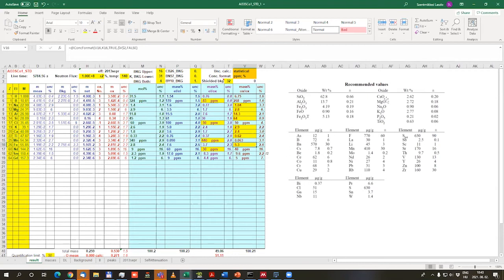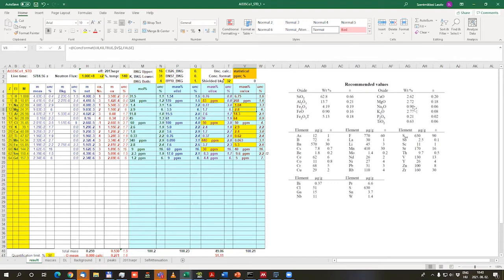Calcium oxide, it's 2.6, and here we have 2.4, but it has rather high uncertainty, so we are still within the uncertainty margin. We have magnesium oxide 2.7, we have 2.8.